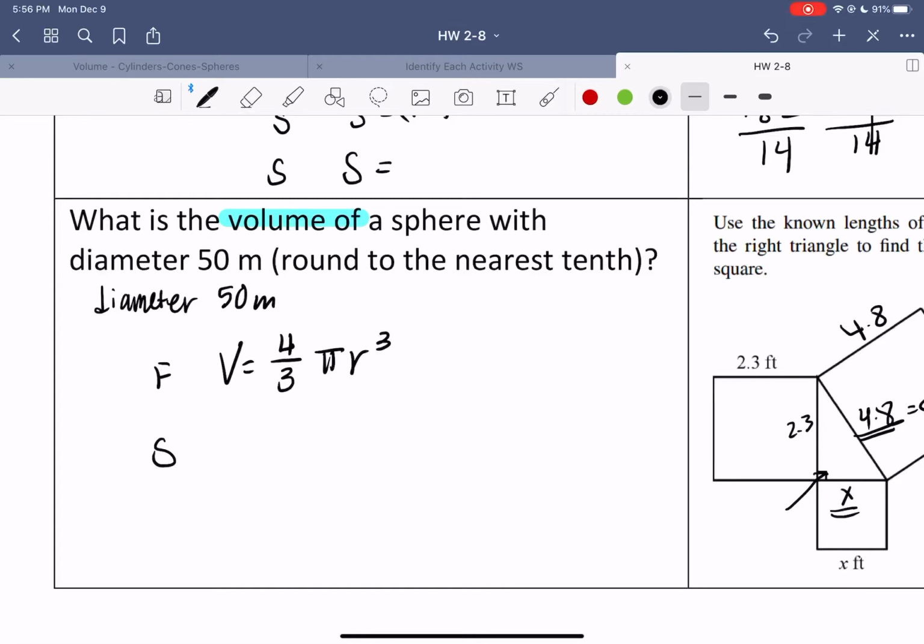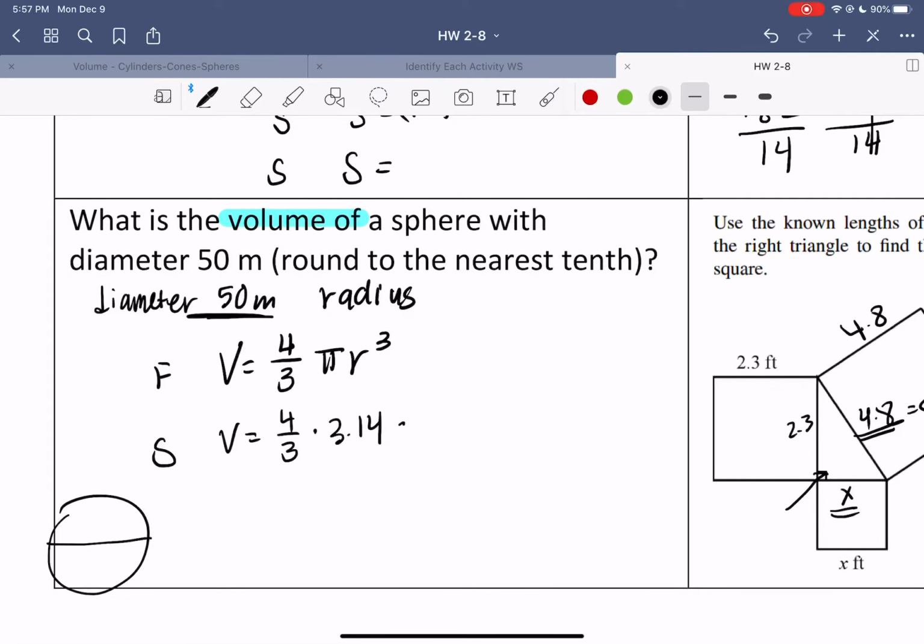When we substitute, we're going to have volume equals 4/3 times 3.14 times r. We have our diameter, so our radius is going to be half. If we have a circle, the whole thing across is our diameter, but our radius is only half, that little piece here. So this is going to be 25 meters.